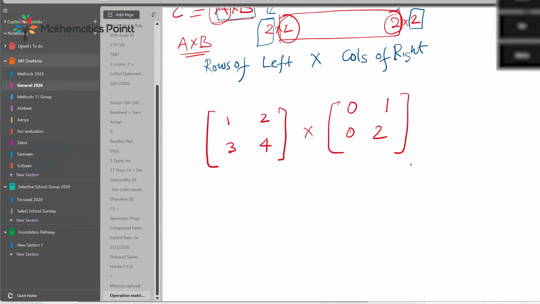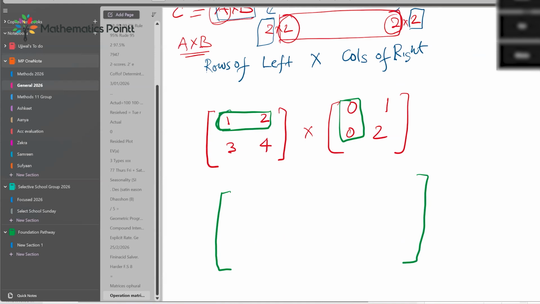Now, this is where it becomes slightly challenging, but if you'll stay with me, you'll be fine. I'll maybe change the color. I pick up the first row of the left matrix. I repeat, I pick up the first row of the left matrix and the first column of the right matrix. And now I create a bigger matrix because I have to do some mathematics with it.